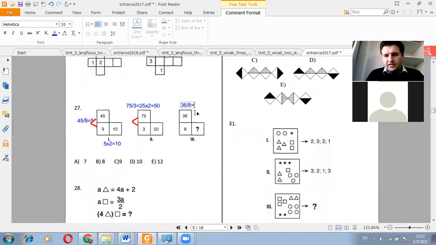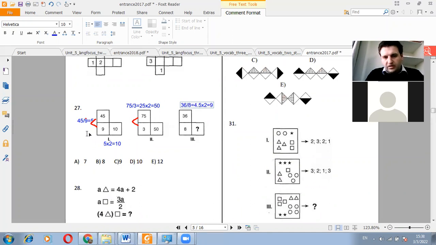So it's a decimal number. If you divide it, you will see that you'll get 4.5. And then 4.5 times 2 equals the number here in the question mark. That would be 9.